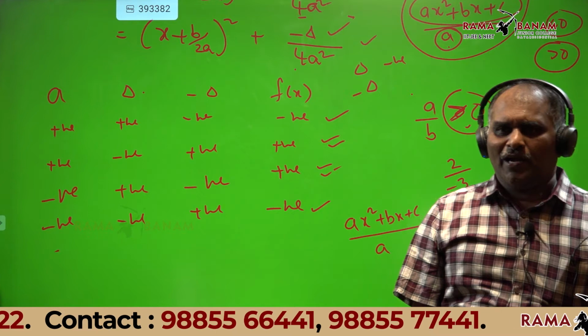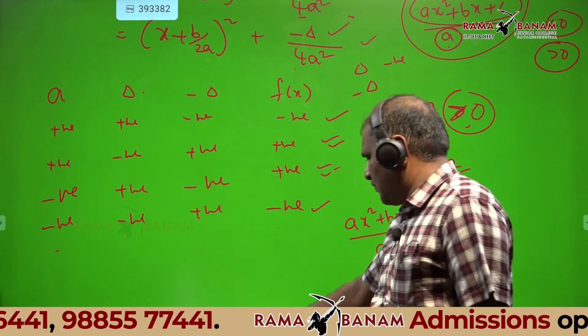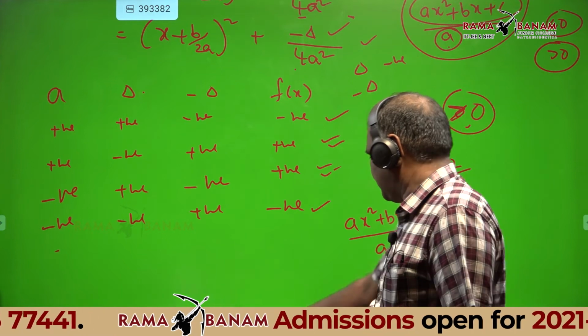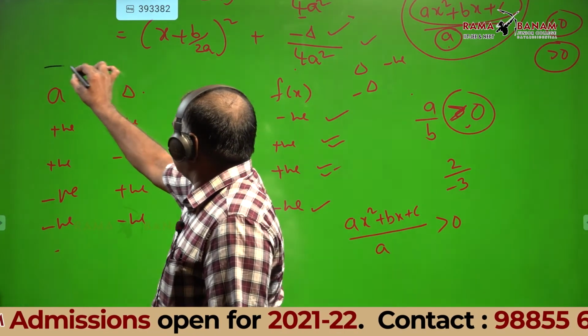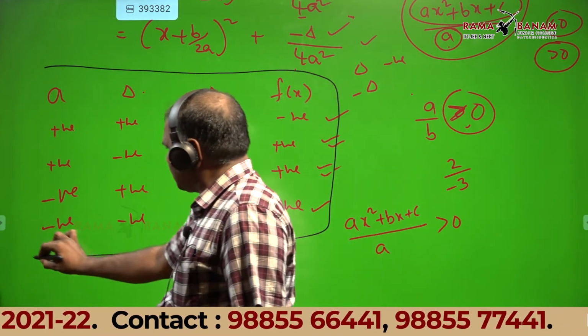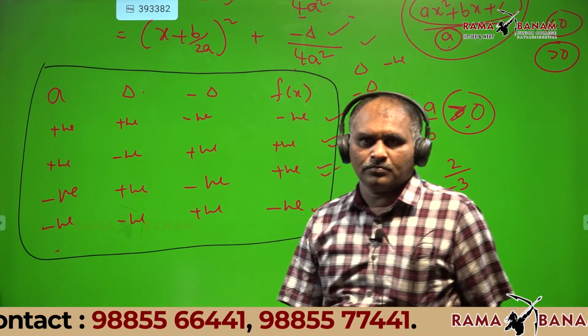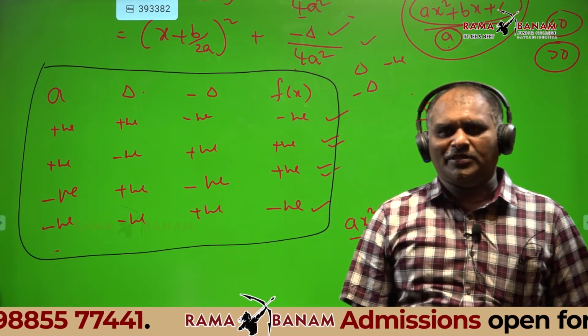That table, a, delta, minus delta, f of x. Just that table only you can write. That table can be written, that is important.